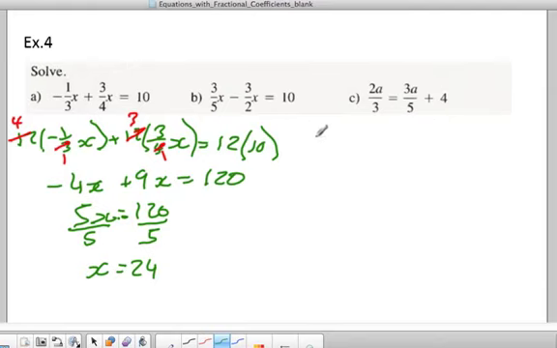For b, lowest common denominator for both is 10.